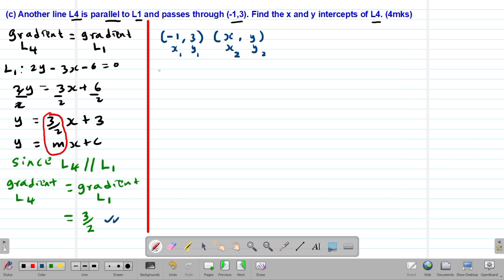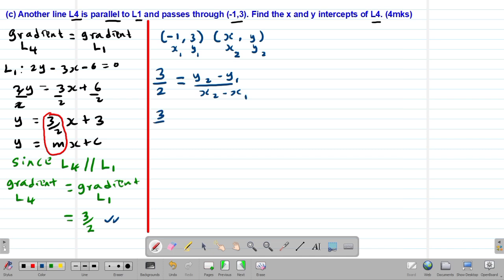Therefore, we know that the gradient, which is 3/2, must be given by change in y over change in x, which is y2 minus y1 over x2 minus x1.